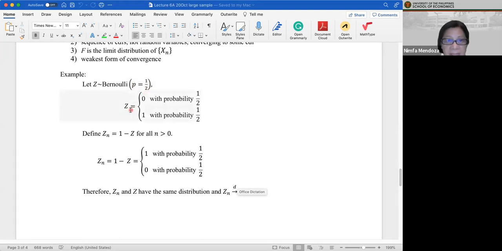That is, Z can take on the value 0 or 1, 0 with probability 1/2, 1 with probability 1/2. Then define Z sub n equal to 1 minus Z for all n greater than 0.